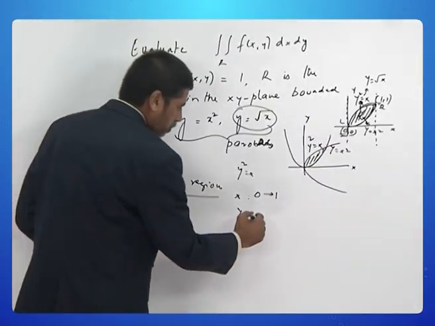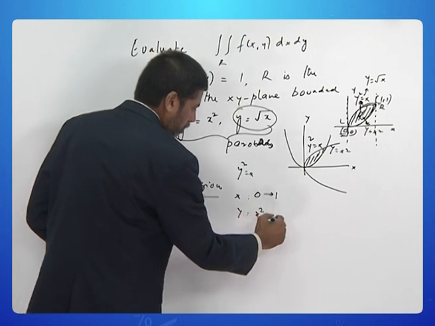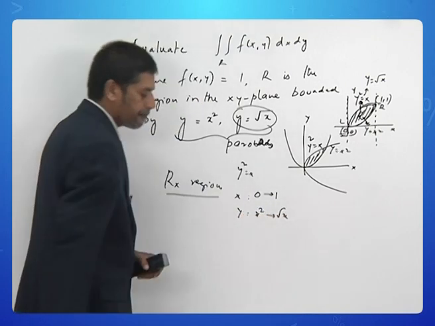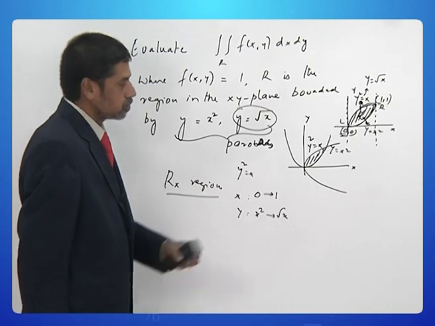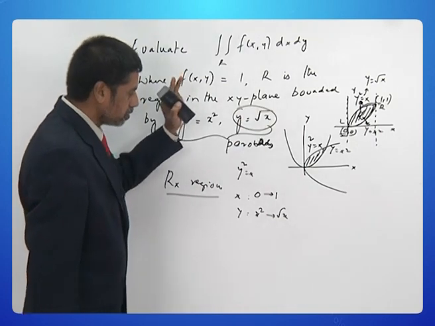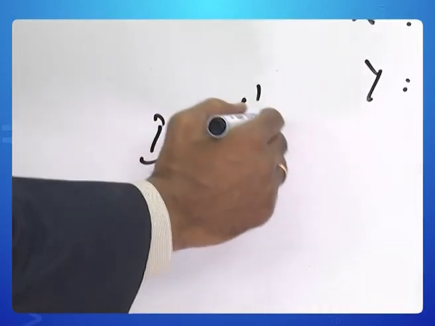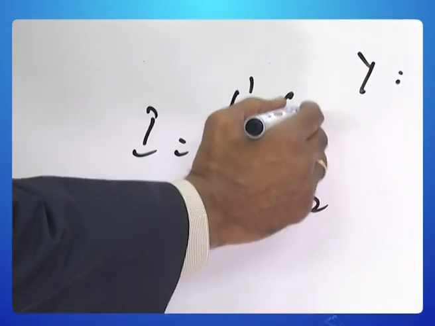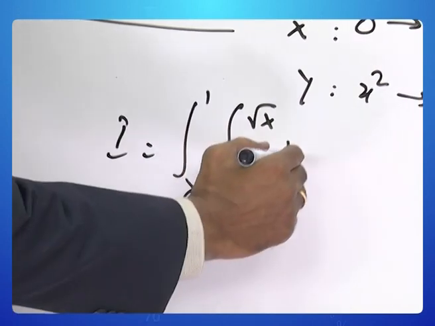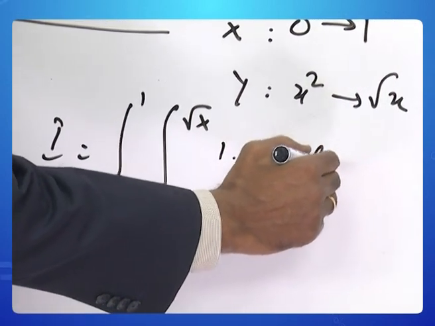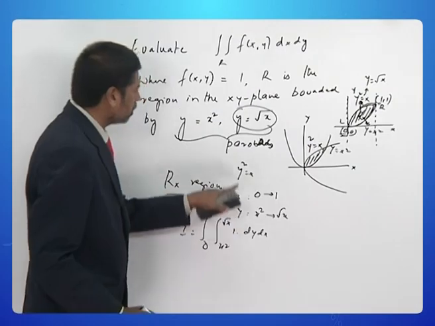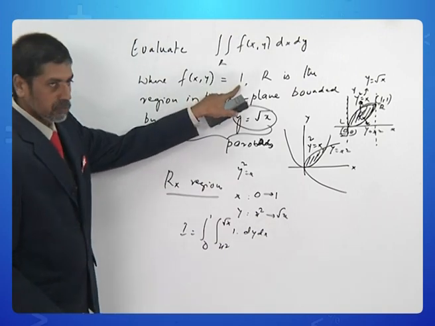So y is from x square to root x. So this is a clear Rx region. So I is equal to integral 0 to 1, integral x square to root x, 1 dy dx.